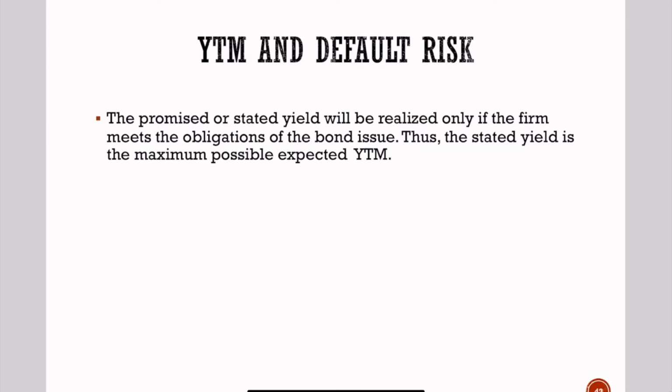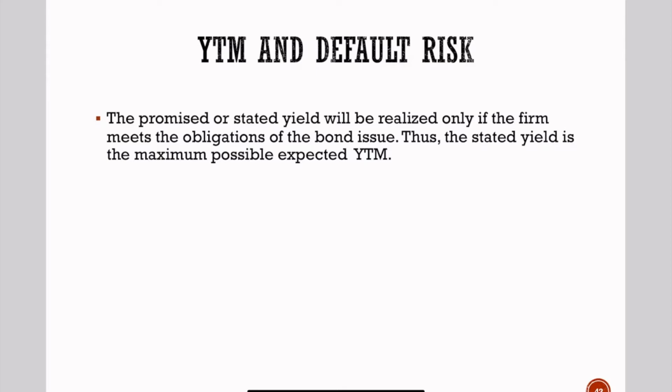So if a yield is 8%, then the debt issuer basically tells you that, hey, if you hold our bond until its maturity, if there is no default, then you will get an 8% return. That's the gist of yield. But you can see that you will only get your 8% yield if the firm does not default.